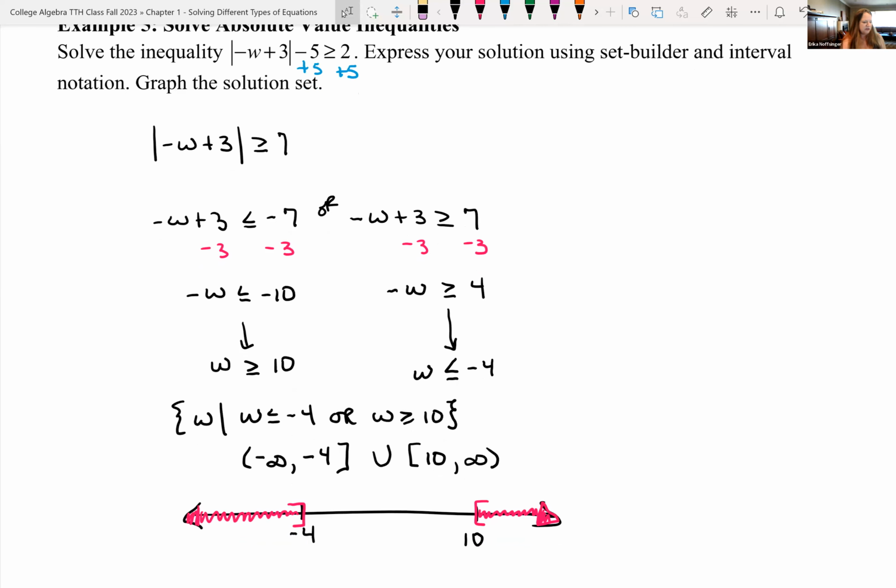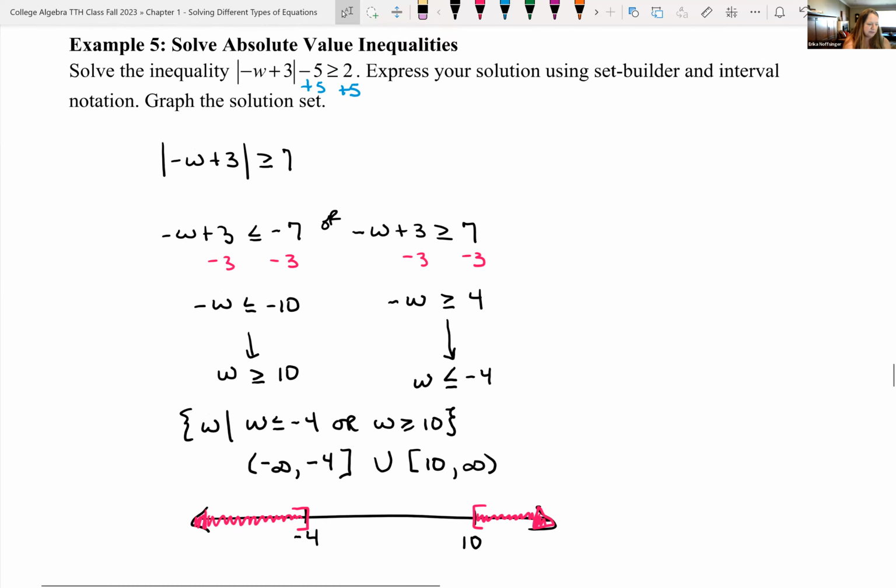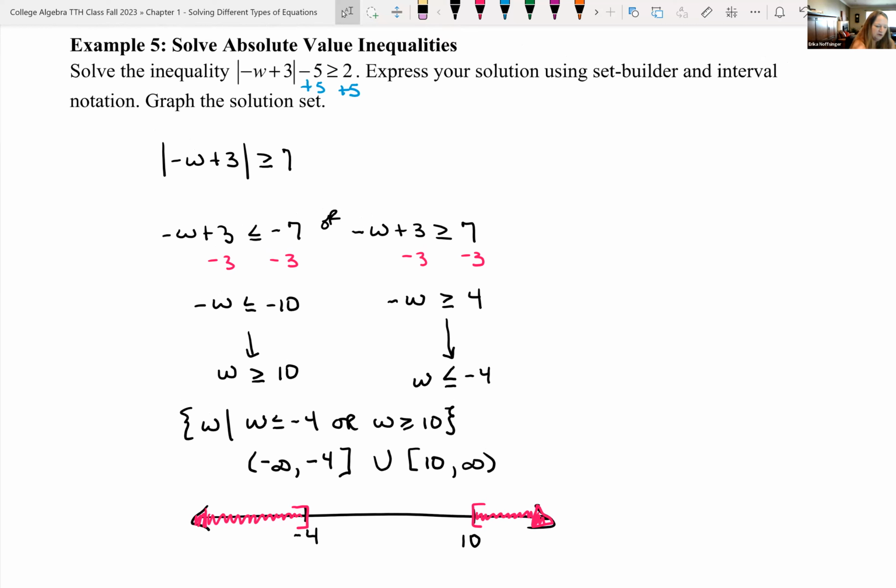Okay, so there was a question about that U symbol. This symbol U actually means the union of two sets. So when we're looking at the union of two sets, we're looking at what's in one set plus everything that's in the other set.